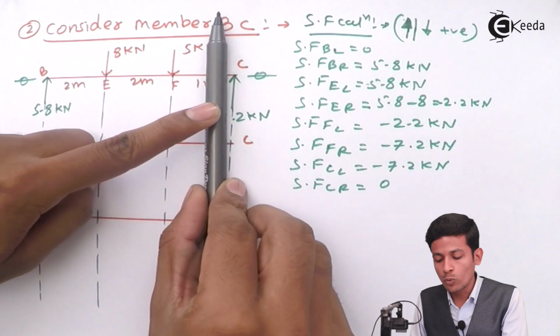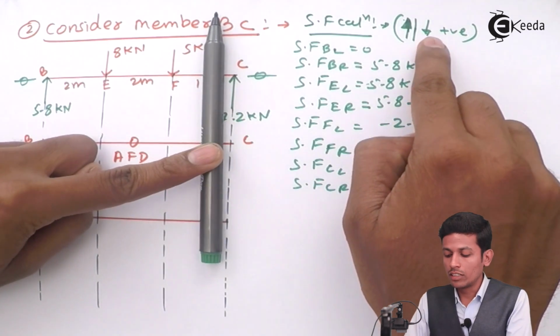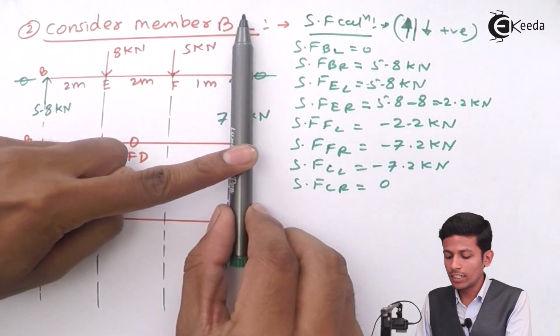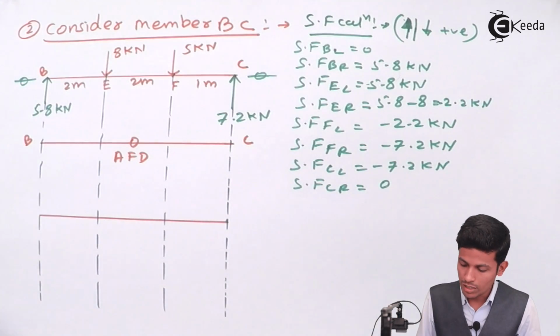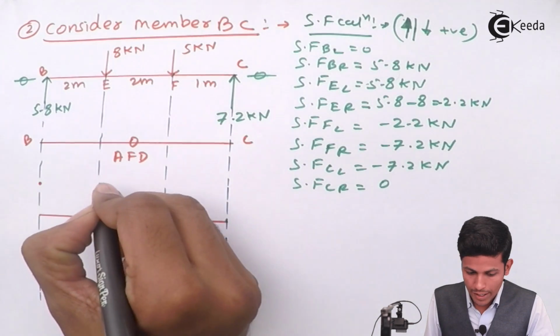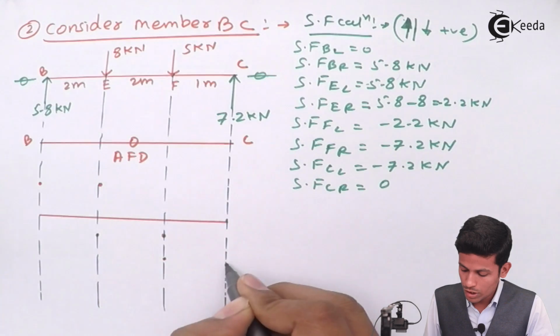Now taking a section over here and seeing this side, this one is minus 7.2. By this sign convention, downward is positive, this is going upward, that's why it's negative. Now taking a section over here and seeing this side, this is nothing but 0. Now draw the shear force diagram first. See, 5.8 positive, come over here, 5.8, 2.2, 2.2, 7.2, 7.2.